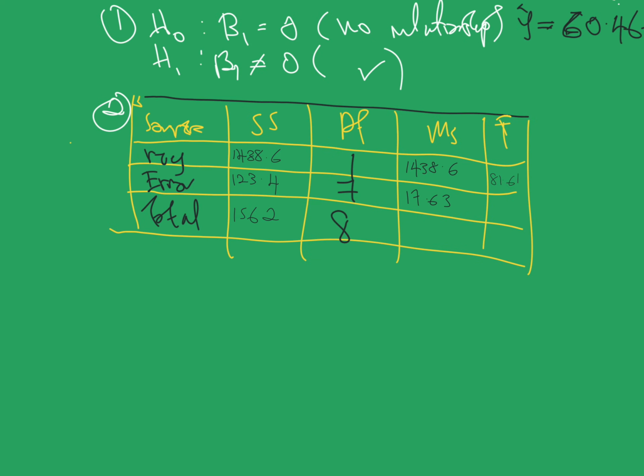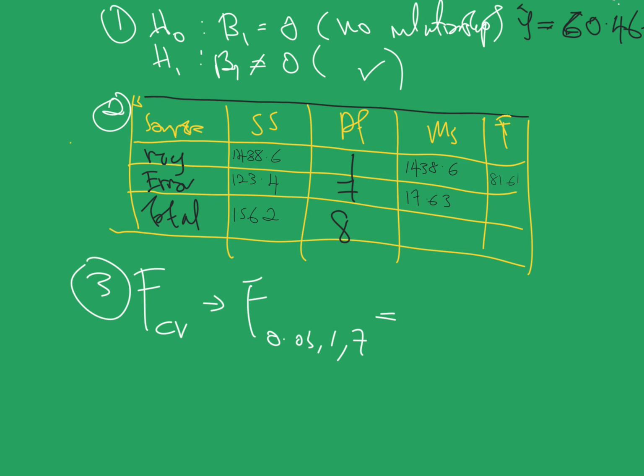What is the third step? The third step is finding the F critical. To find the F critical, we need three values. The first one is the alpha, which in this case is 0.05. And the other two values are the DF, 1 and 7.